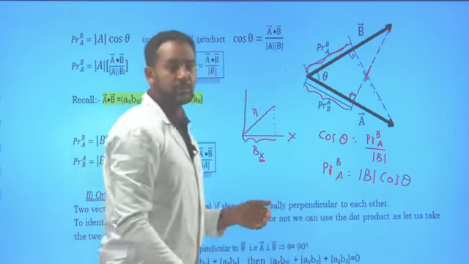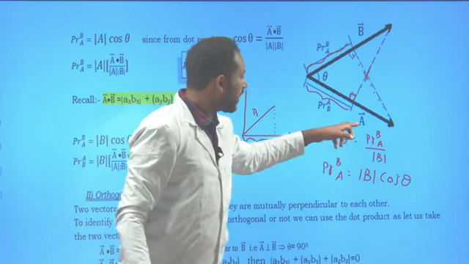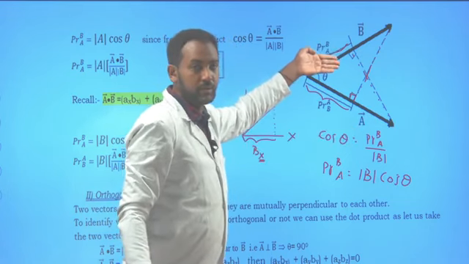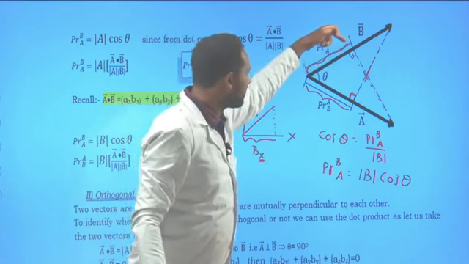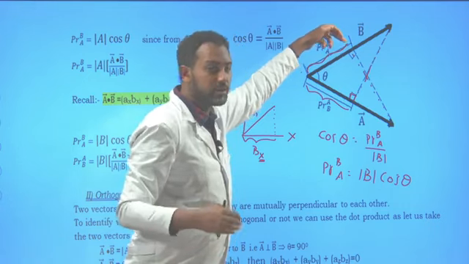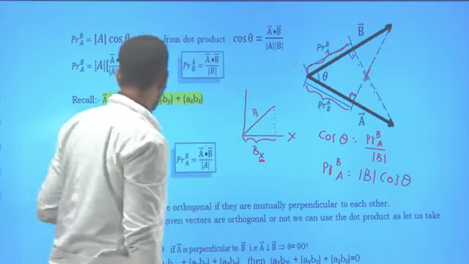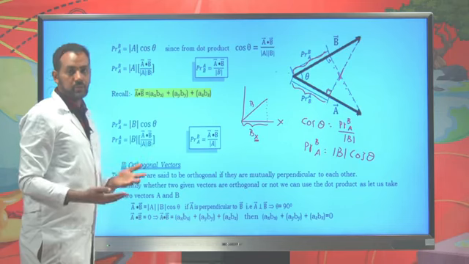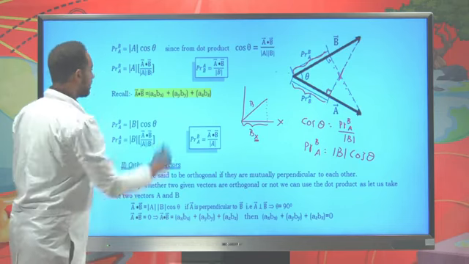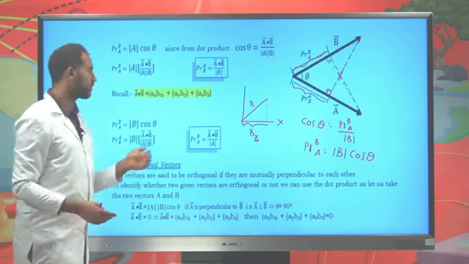The same is true, it's possible to find the projection of vector a onto b. That means the distance from this to this is known to be the projection of vector a onto b. This is one good application of vectors. It's possible to find the scalar projection of two vectors.